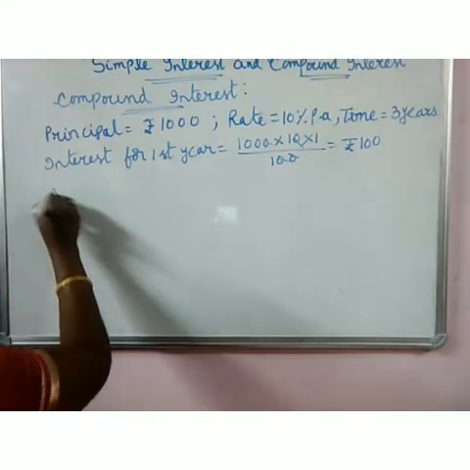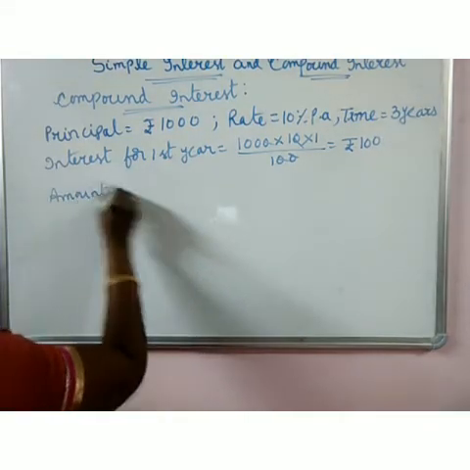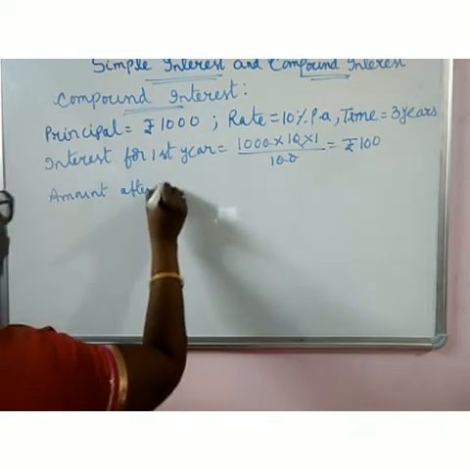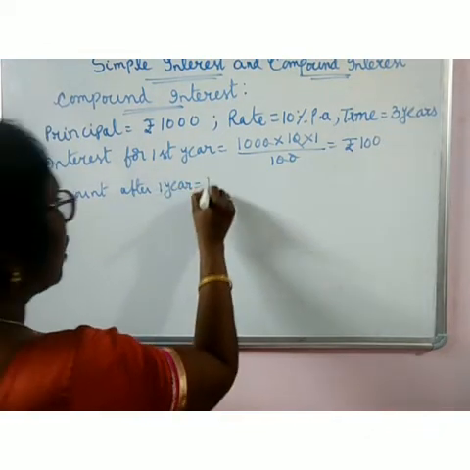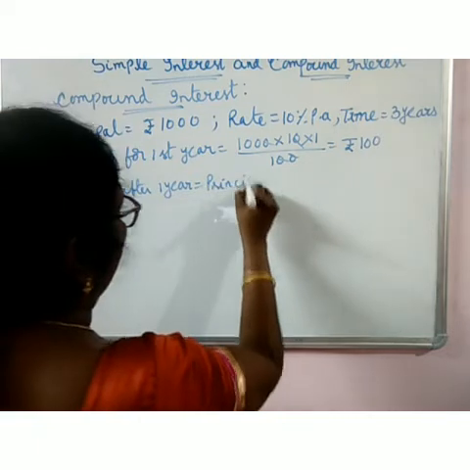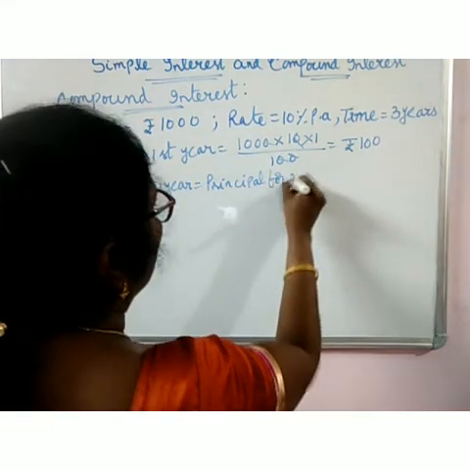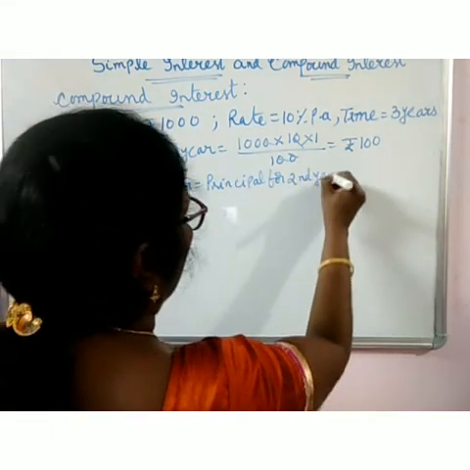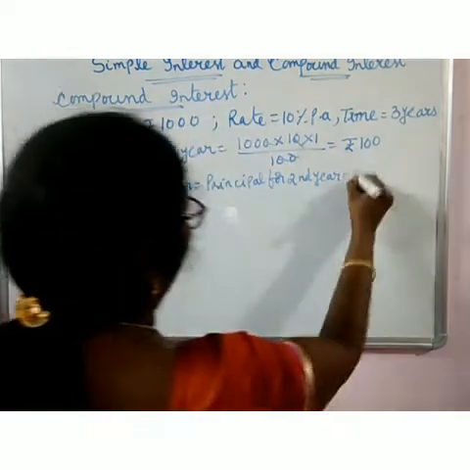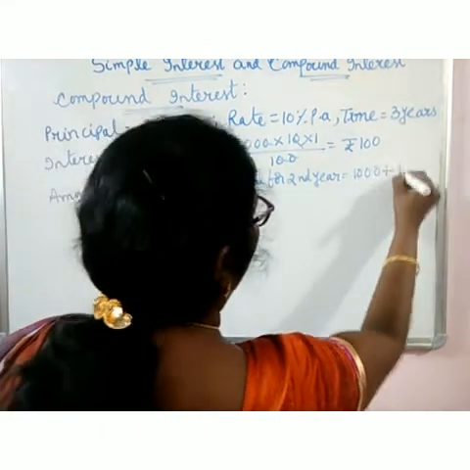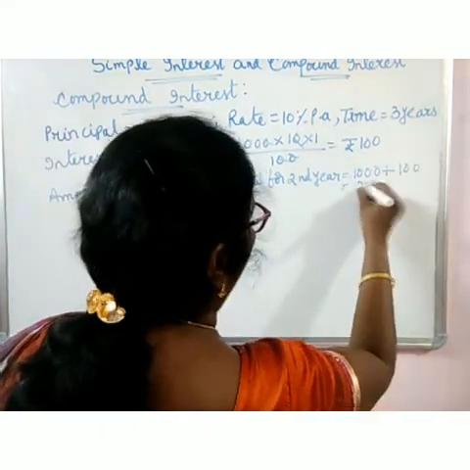So amount after 1 year will be the principal for the second year. That is 1000 principal for the first year, 100 rupees is the interest for the first year.